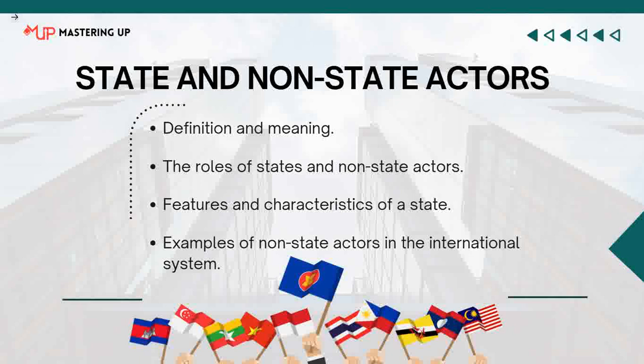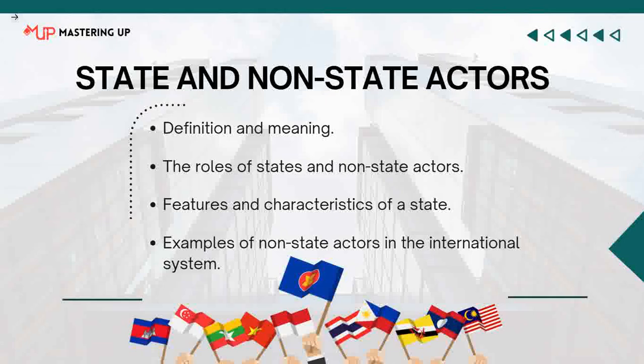And then we say some examples of non-state actors in the international system. We have international organizations like the United Nations, the European Union, and other non-governmental organizations. And we know that the states and non-state actors have various roles that they play in the international system.